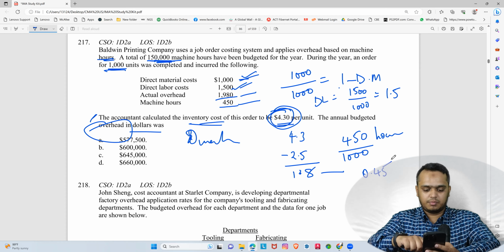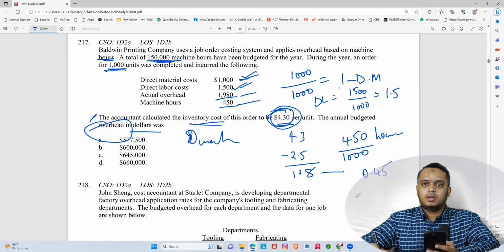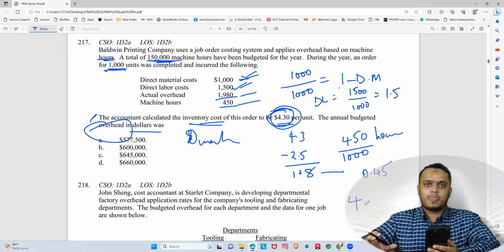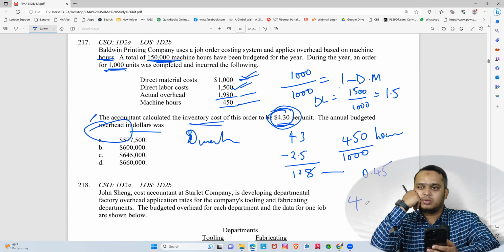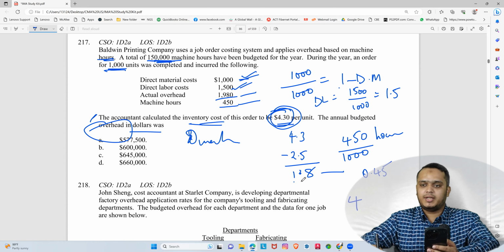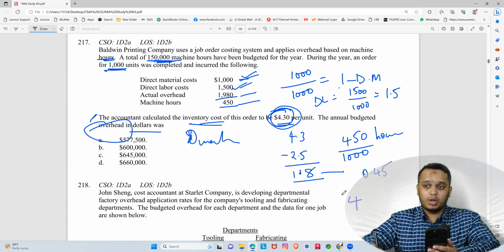So how many units will I be able to make in 150,000 hours? So I can do this 1.8 divided by 0.45. It is 4. In an hour, my cost would be 4 because per unit is 1.8, and 0.45 hours is nothing but 60 into 0.45.